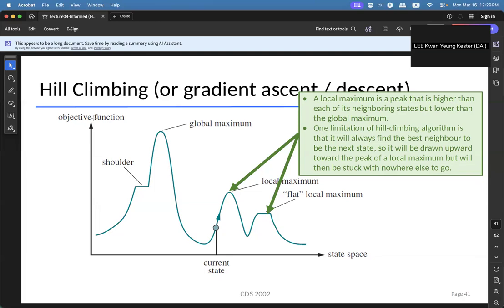So this chart is visualizing the relationship of the objective value against the state of the problem. The curve you see in this graph visualizes what objective value you are going to have given a state.